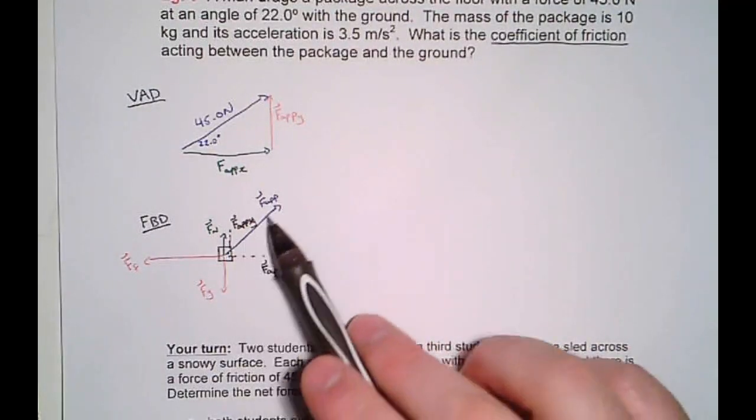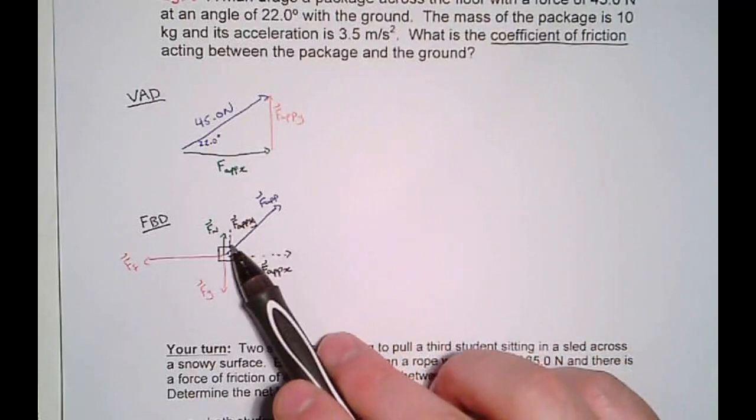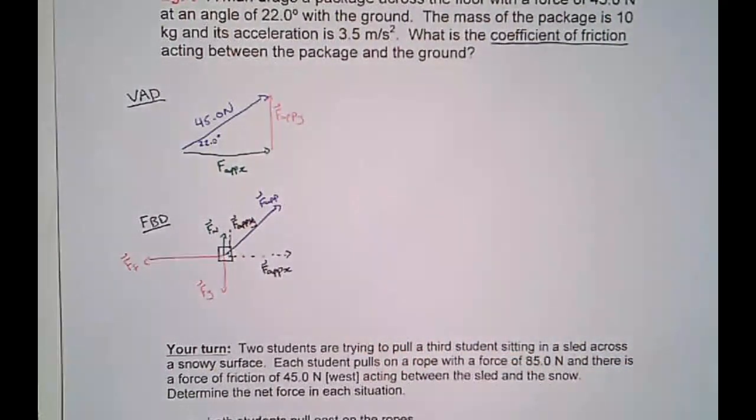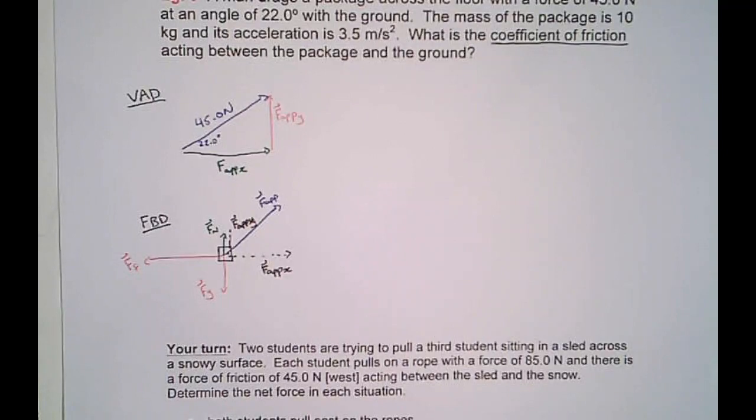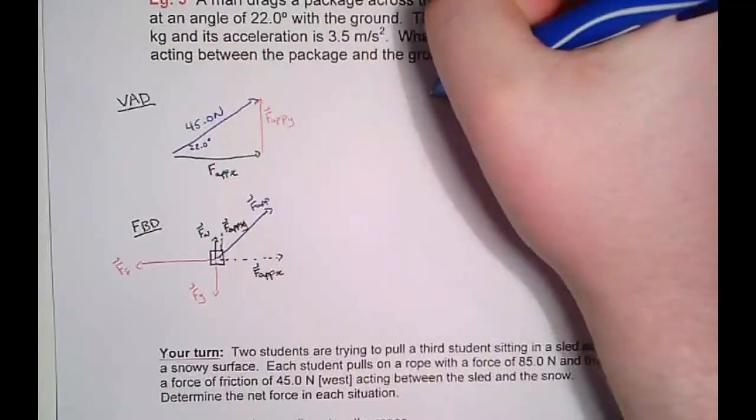That takes this force applied line and splits it into its two components. So with it split into its two components, we can now start to talk about what's actually acting on the object.